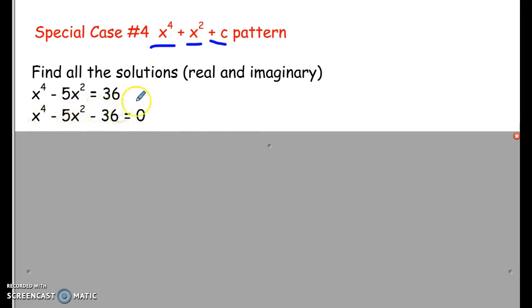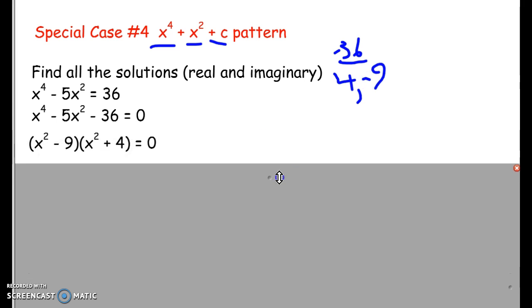We're going to use x squared and x squared, and they just have to multiply up to -36 and add up to this -5. You can list your pairs of numbers here, but we're going to need one positive and one negative. It looks like 4 and 9 with the 9 negative will work. So that breaks apart to (x squared - 9)(x squared + 4).